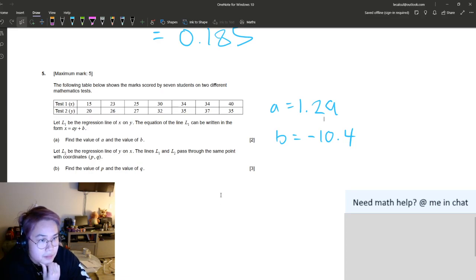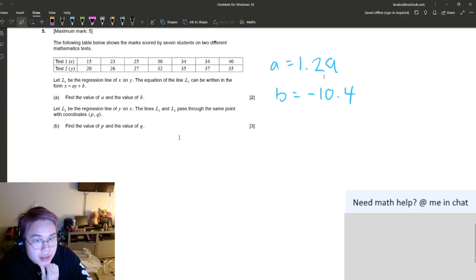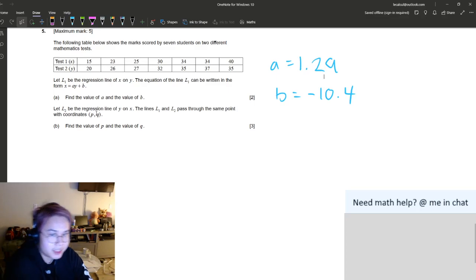And then we have a regression of the line y on x. And then these are going to pass through the same point. And then you need to find the point.